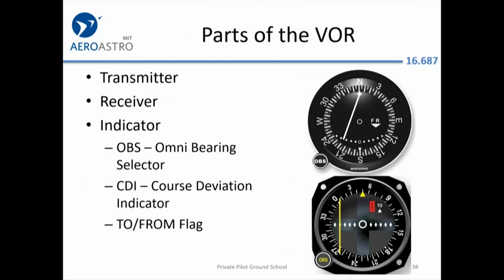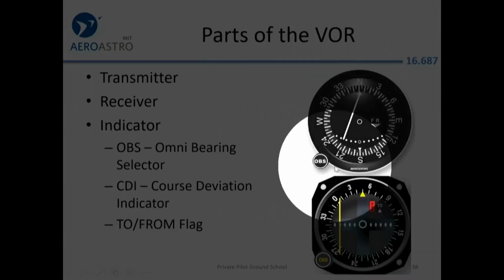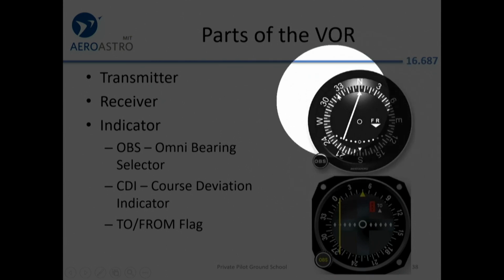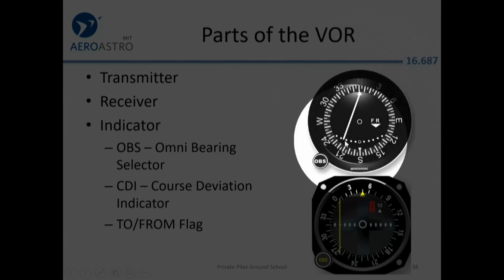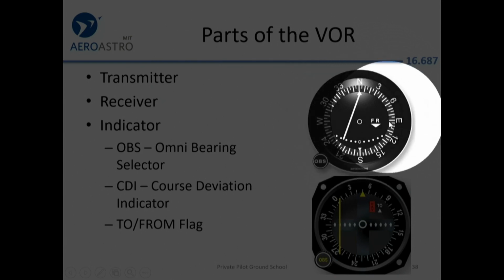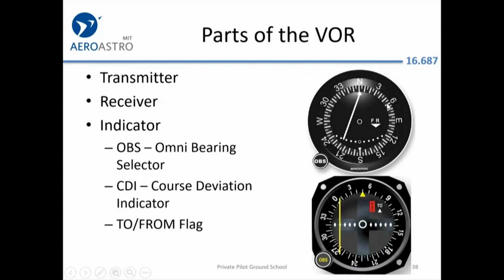Okay, the parts of the VOR. So you have this thing called the omni-bearing selector, which you can tune here. And on the canonical instrument here, all it does is rotate this card around the top. So that is to pick out the radial that you want. And then you get the to from flag.